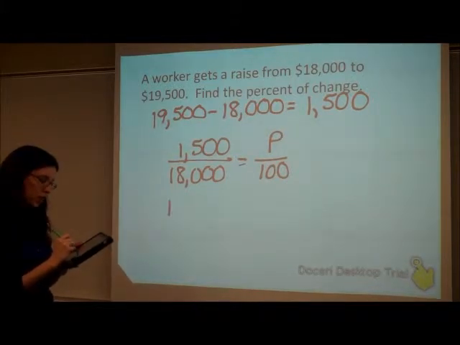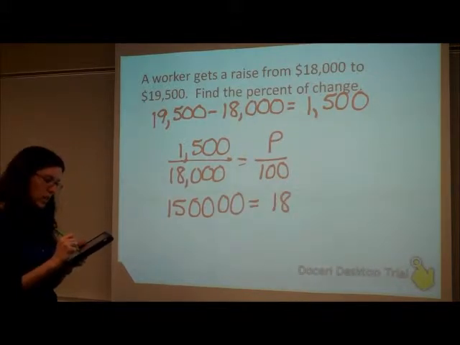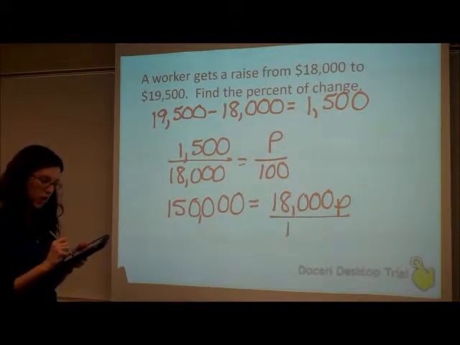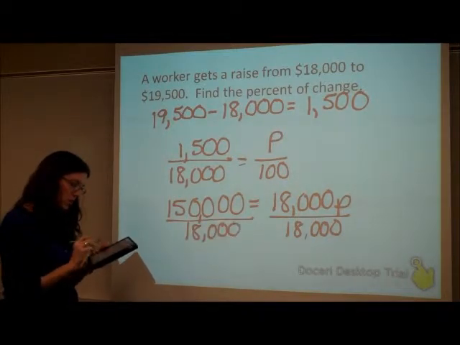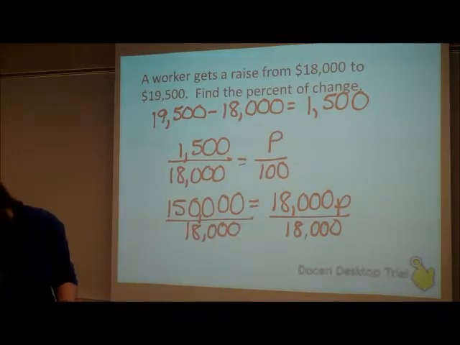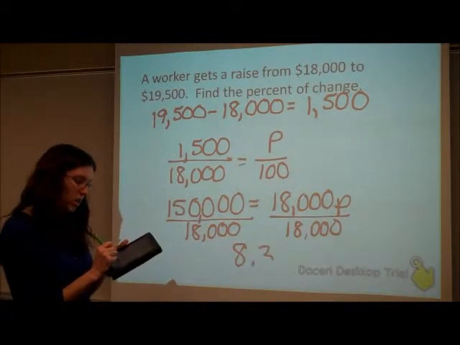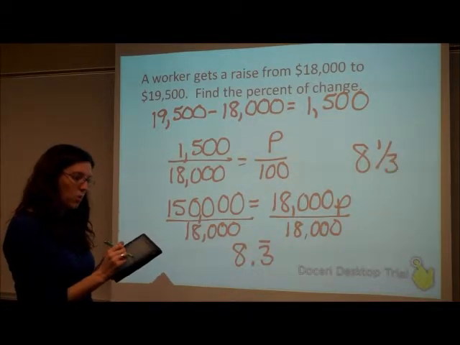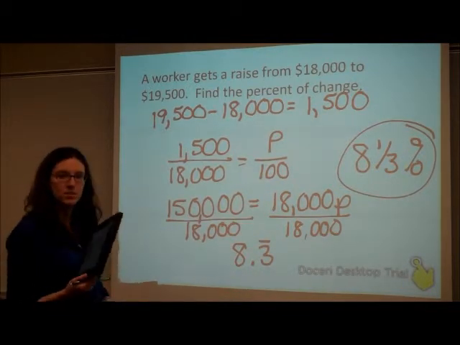So doing my cross products, 150,000 would equal 18,000 P. Then I need to divide both sides by 18,000. I get 8.3 repeating, which I hope you know is 8 1/3%. So it increased by 8 1/3%.